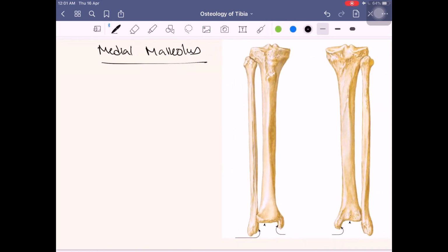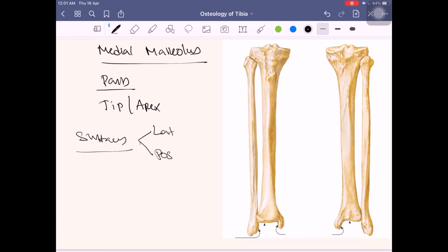It has a tip, or you can call it an apex, and it has surfaces. The surfaces are a lateral surface and a posterior surface. These are the two surfaces we can see.